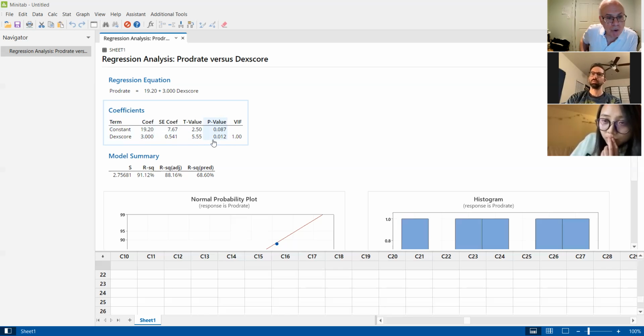By the way, what would we use for y if the slope is found to be not significant? What would be the best predictor of y then? Just 19.2? Well, that's the y-intercept. But if we wanted to predict y, no, we can't use that equation at all. So what will we use instead?